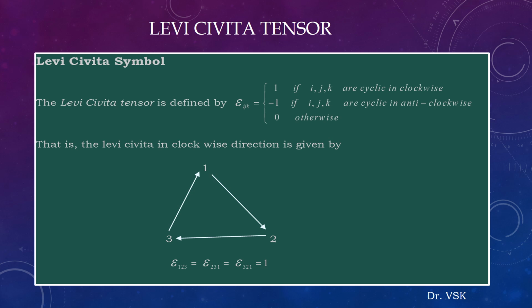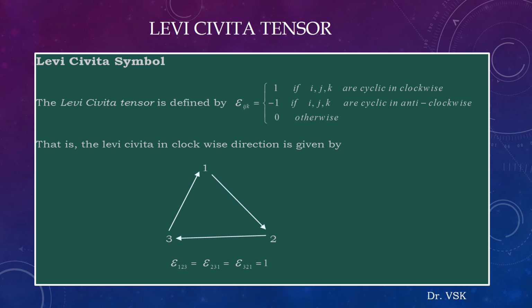Epsilon ijk equals 1 if ijk follows cyclic rotation. Epsilon ijk equals -1 if ijk are in the anti-clockwise rotation. It is 0 in all the remaining cases. Let us understand this Levi-Civita tensor in a more precise way.